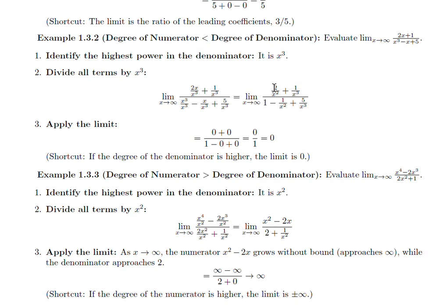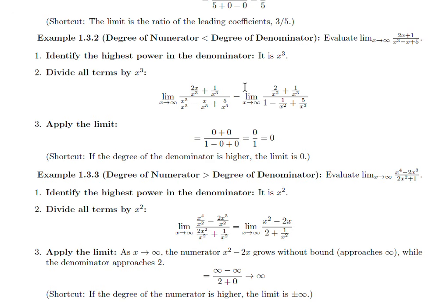And of course, we know that by the time we plug in our limit, 2 over infinity squared becomes 0, 1 over infinity cubed becomes 0. In the denominator, we have 1 minus 1 over infinity squared, which becomes 0, and 5 over infinity cubed becomes 0. So we'll have 0 over 1, which is 0. 0 is a defined number, like I said earlier on.